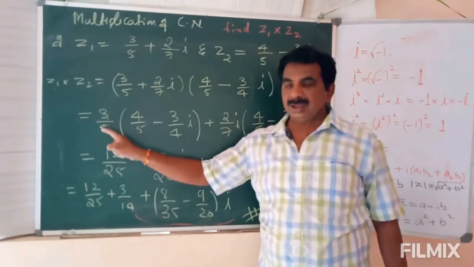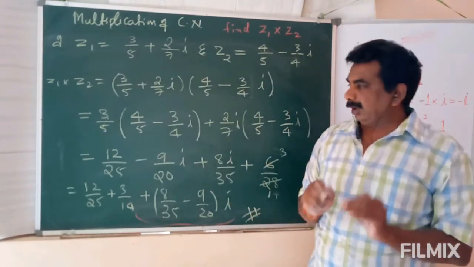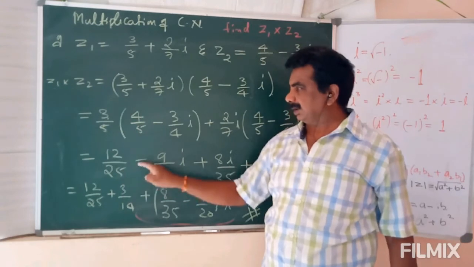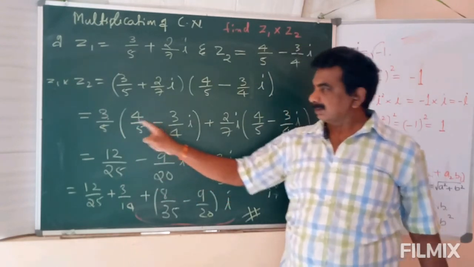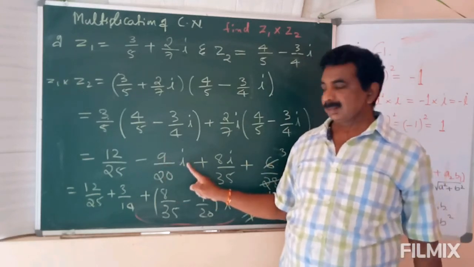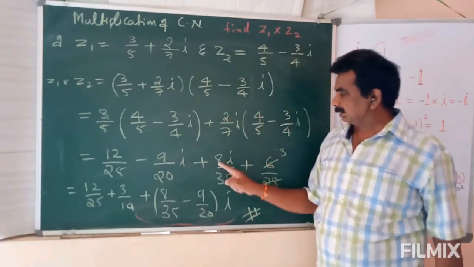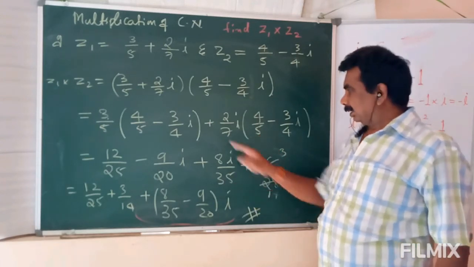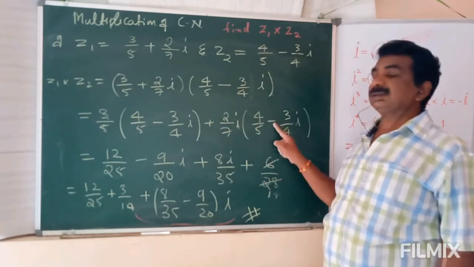Now pointwise multiply. 3 into 4 is 12, 5 into 5 is 25, minus because here minus. 3 into 3 is 9, 5 into 4 is 20i, plus 2 into 4 is 8i, 7 into 5 is 35, plus into minus.